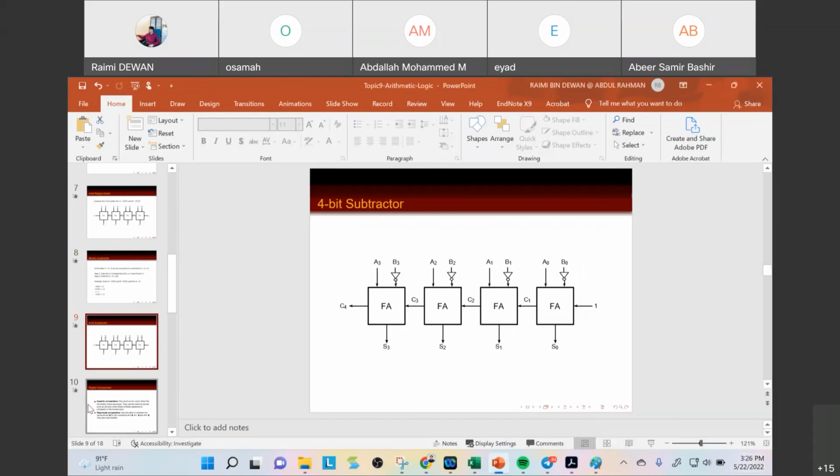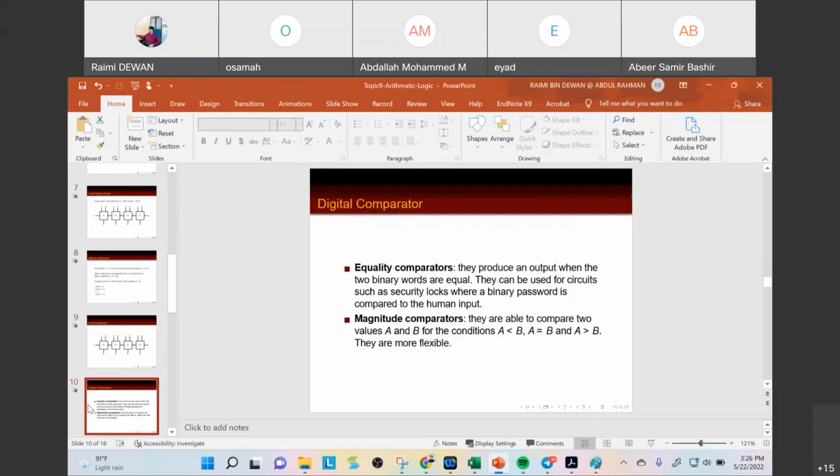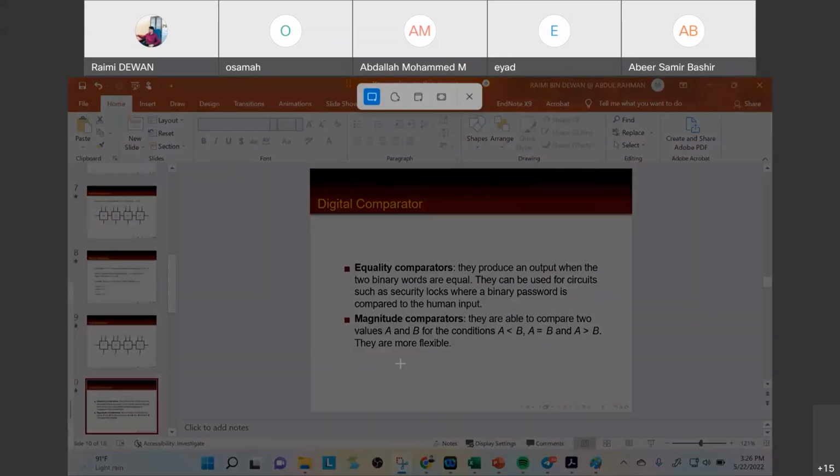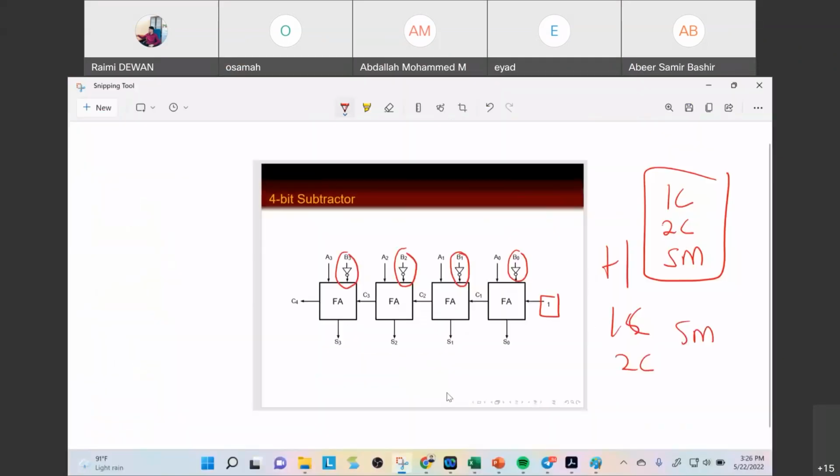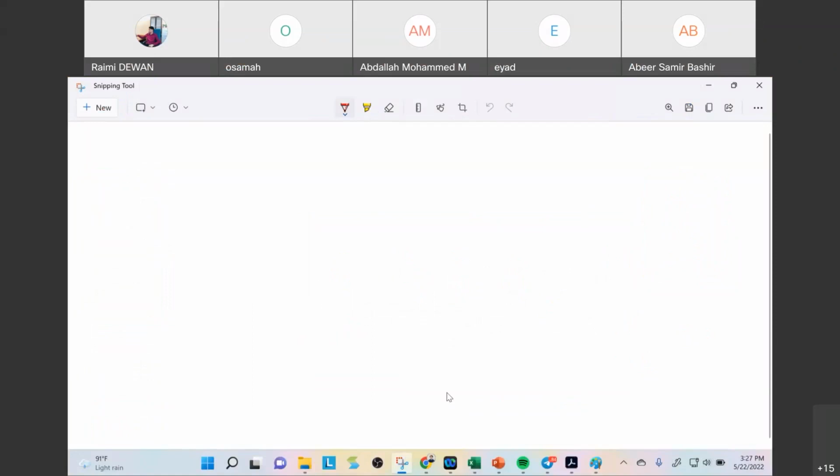Okay, now we go to the comparator. Let me take white pages first. A comparator is where we compare, for example, apple with banana. They are not equal.